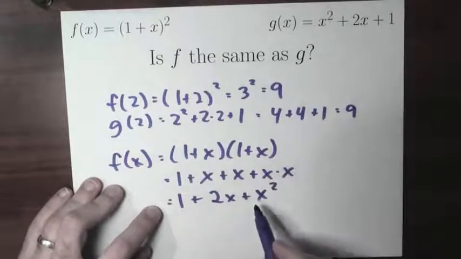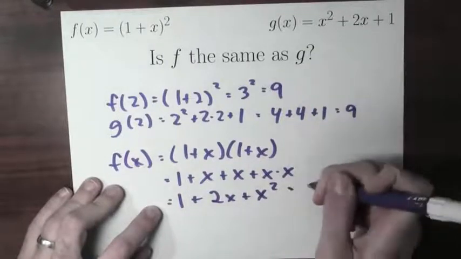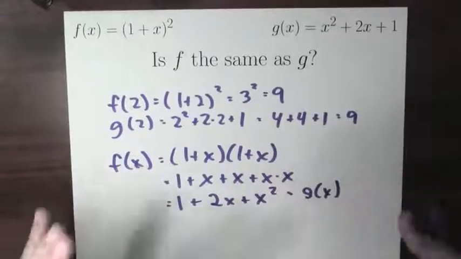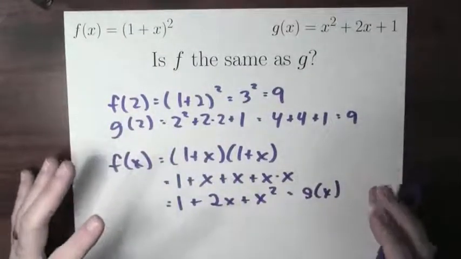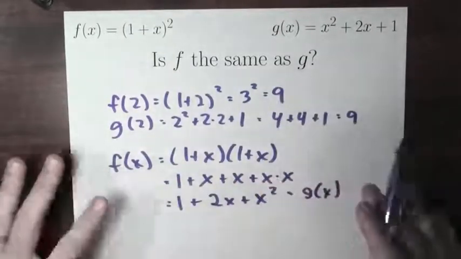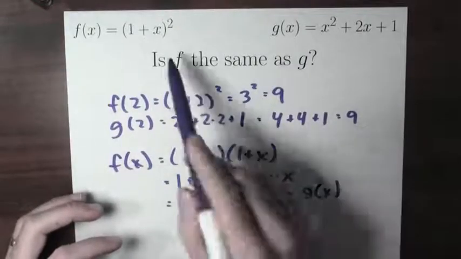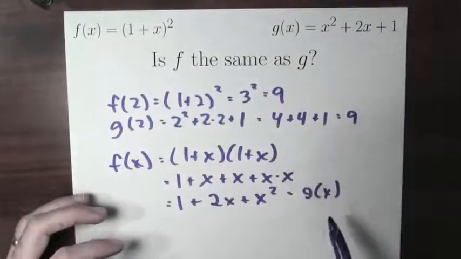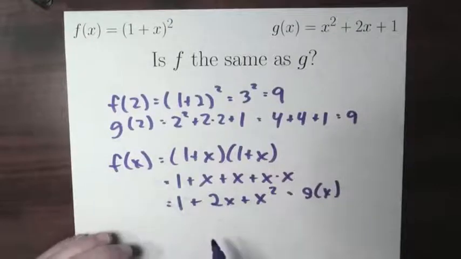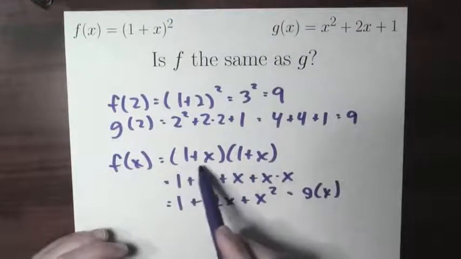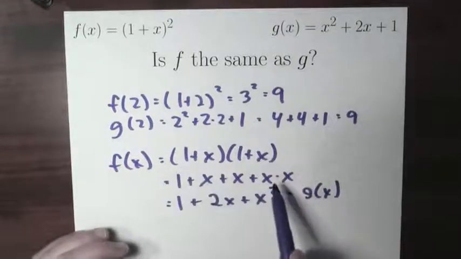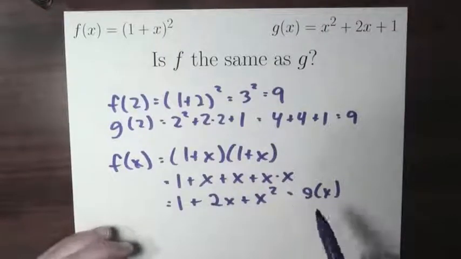Look, 1 plus 2x plus x squared, that's g of x. This is really quite surprising. f and g don't compute their output in the same way, right? This one is doing something different than this function. And yet, for any input value, f's output value is this, which is the same by expanding out as g of x.